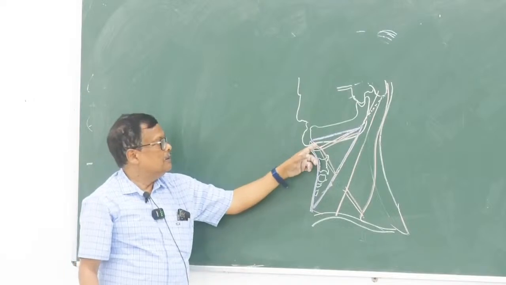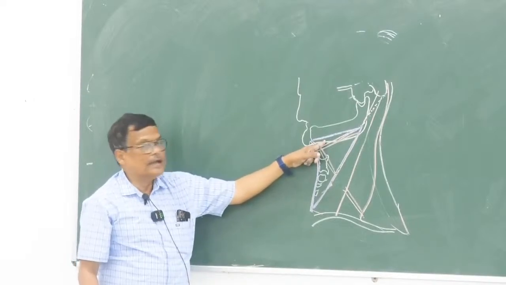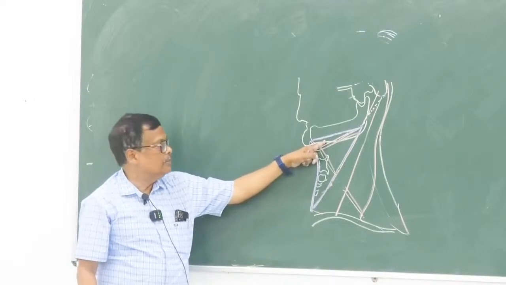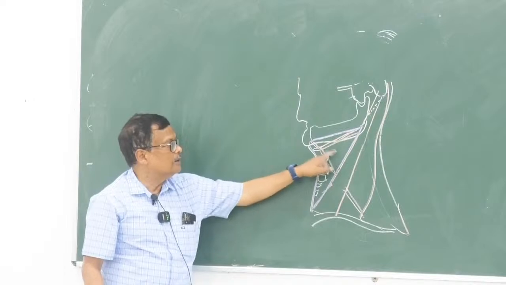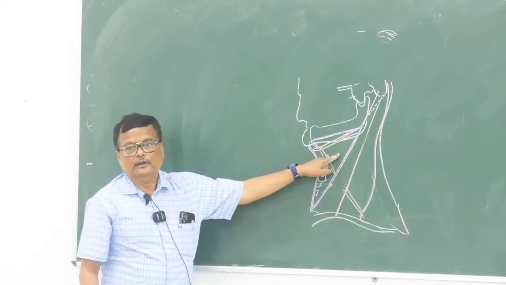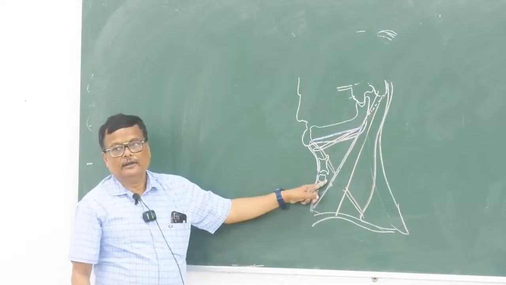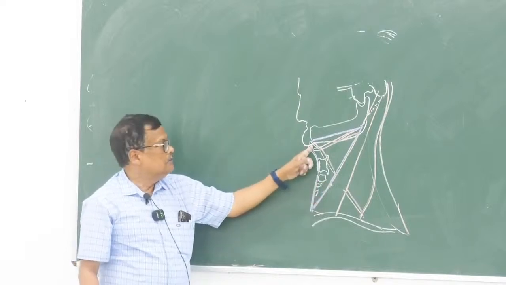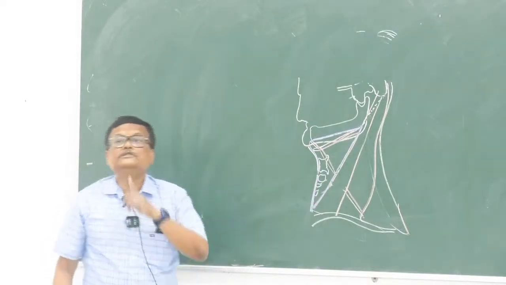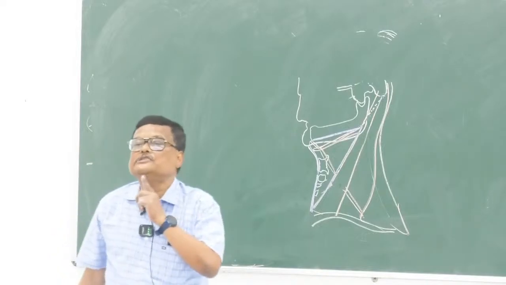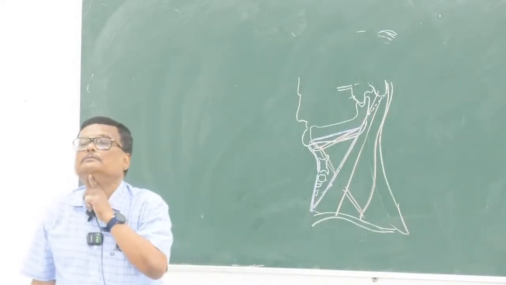So সাব কি হচ্ছে? এটা হচ্ছে বলা হয় digastric triangle or submandibular triangle. Very important. This is the carotid triangle, and here is the muscular triangle, and this is the submental triangle. And submental triangle, actually in one side it is a half triangle.